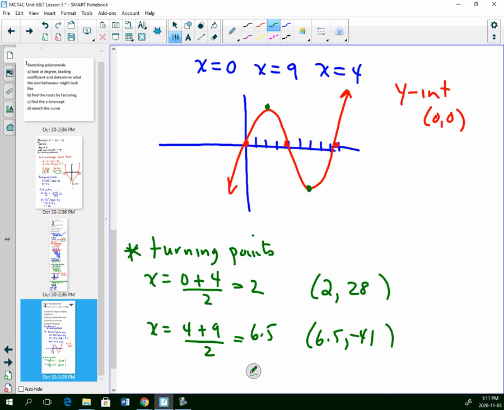Let's say minus 41. Okay, so if you wanted to find those and be more accurate, that would be fine.